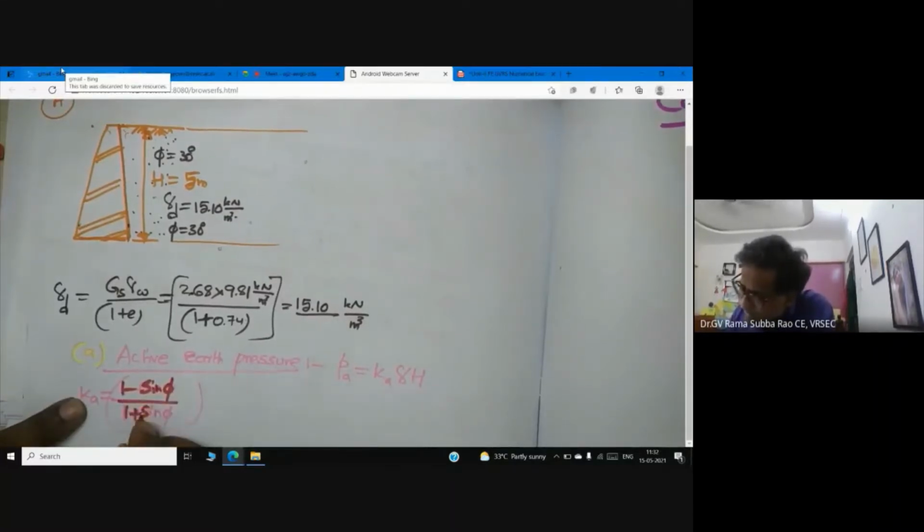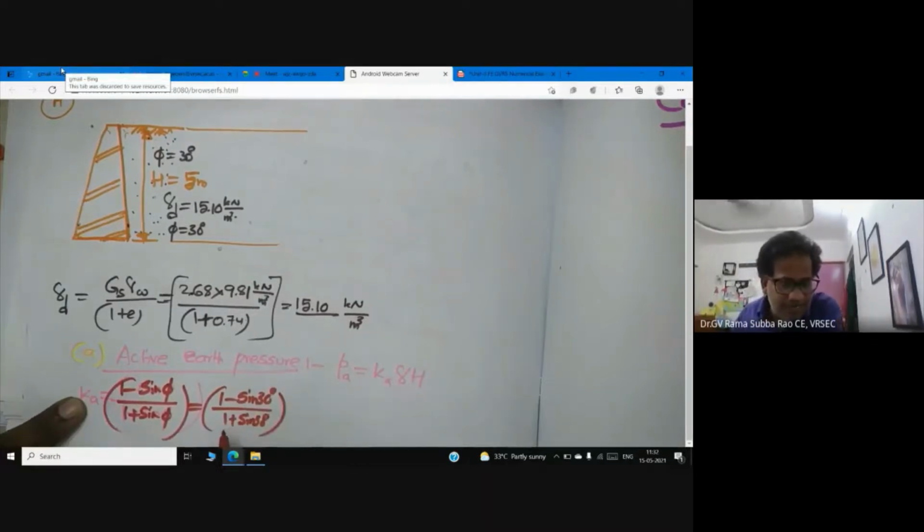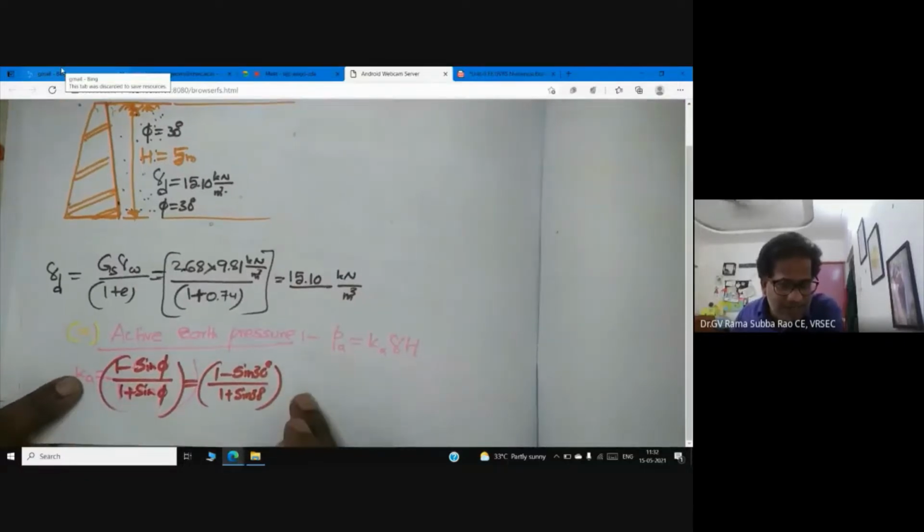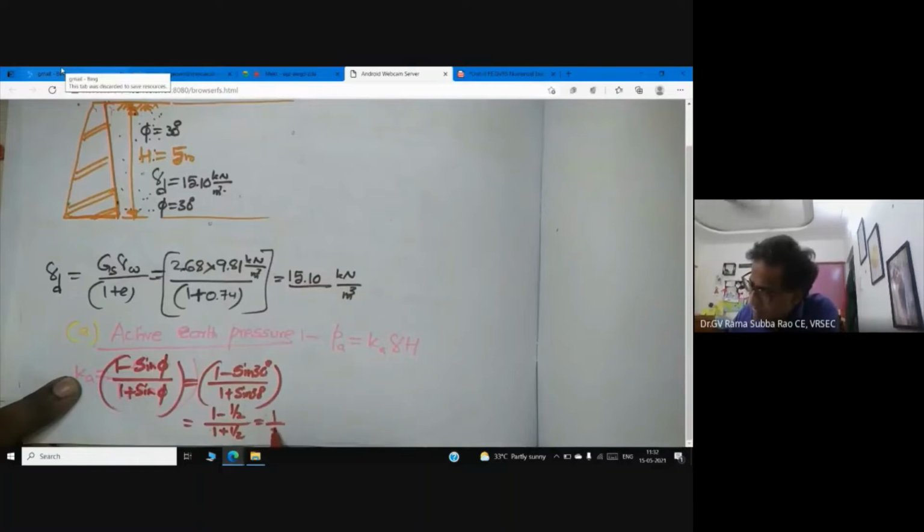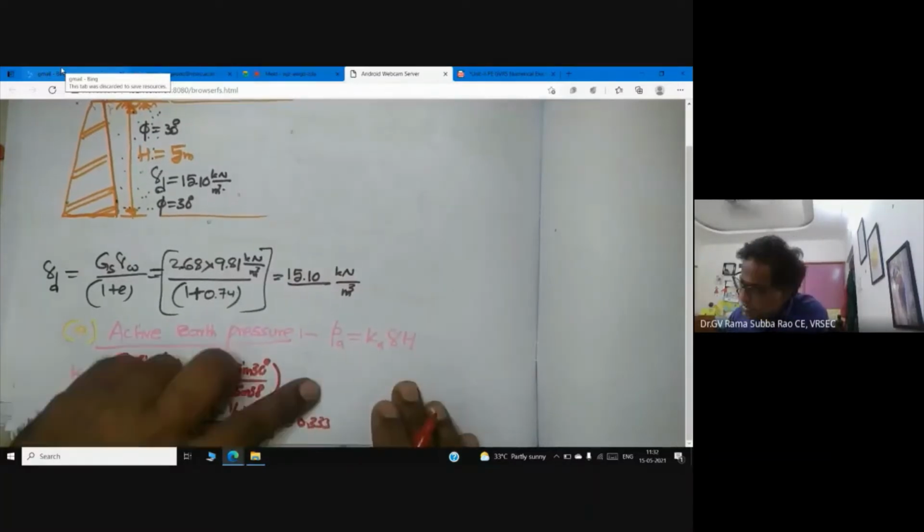What is Ka now? 1 minus sine 30 by 1 plus sine 30. If you use a calculator, you will get 0.333. Otherwise, with basic mathematics, sine 30 is 1 by 2, so 1 minus 1 by 2 by 1 plus 1 by 2 gives 1 by 3, so 0.3333.